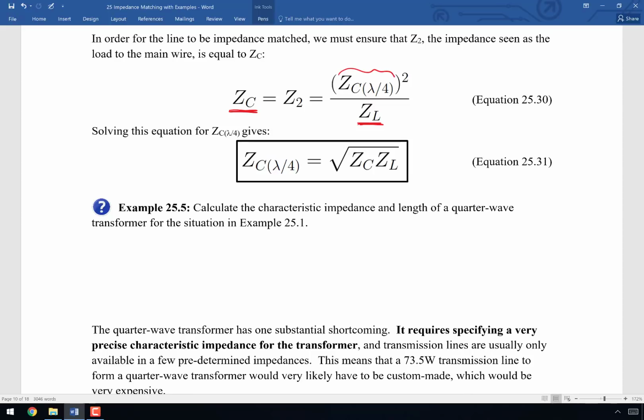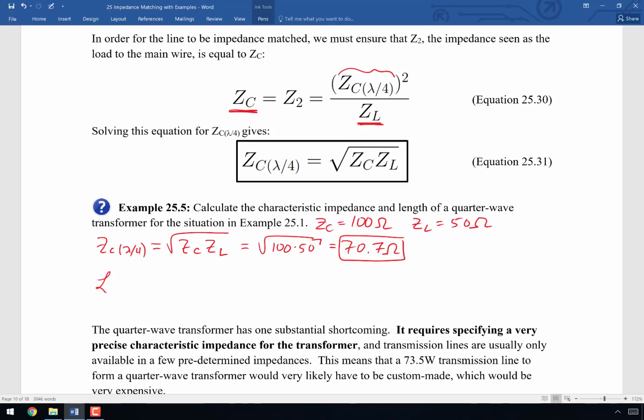So let's imagine that we had the example of 25.1. We have Z sub C equal to 100 ohms, and Z sub L equal to 50 ohms. Let me just double check that I didn't get those two backwards. Nope, that's correct. Then we would need to locate a piece of transmission line that has a characteristic impedance of the square root of Z sub C times Z sub L, which is the square root of 100 times 50, equal to 70.7 ohms.